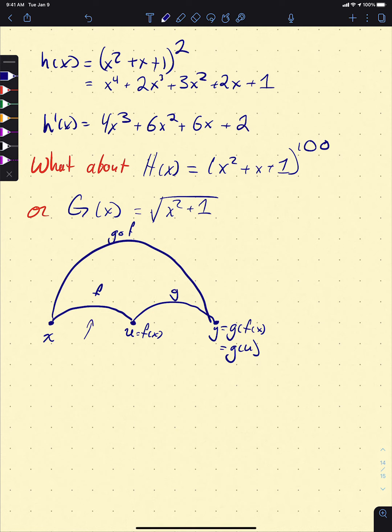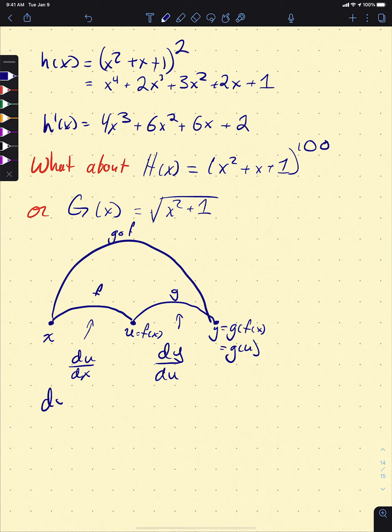The derivative of this guy is going to be du dx, right? A change in u relative to a change in x. The derivative of this guy is going to be dy du, okay? And while function composition is distinct from multiplication, what ends up happening is that the derivative of this times the derivative of this gives us what we want, right?